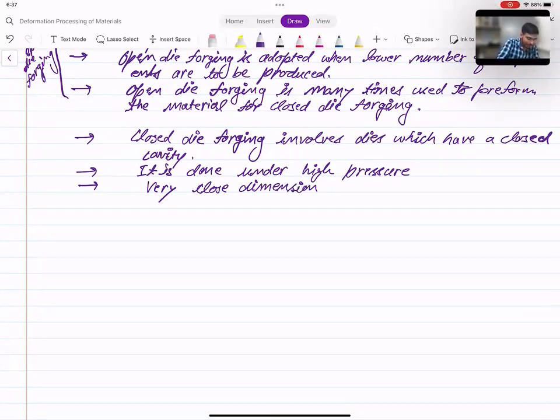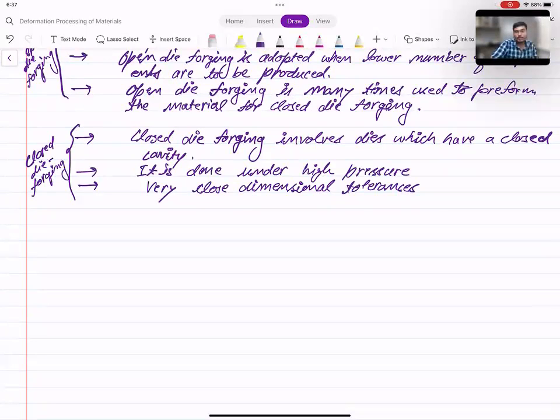So this is something for closed die forging.